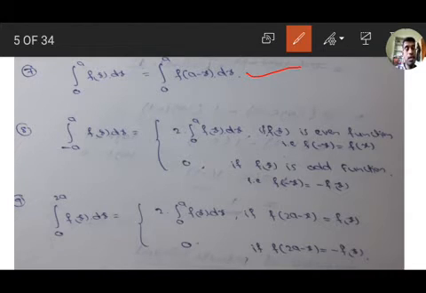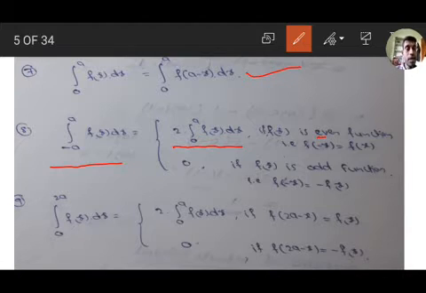Next, integration minus a to a f of x dx equals 2 times integration 0 to a f of x dx, if f of x is an even function. Even function means f of minus x equals f of x: if you substitute minus x in place of x and the same function f of x comes back, the function is called an even function.